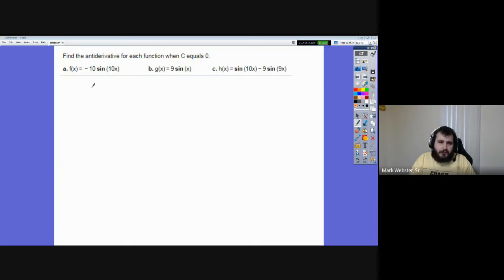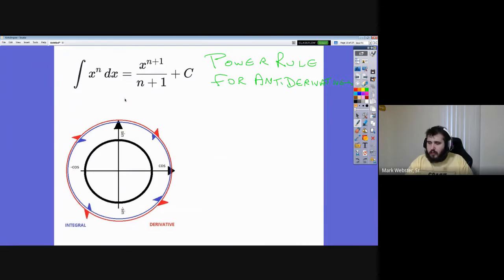So when we integrate this, well, let's put the negative 10 out here. We're going to integrate sine of 10x with respect to x. Okay, well, if I go back and look, I'm integrating sine, so I'm following the blue, because that's a negative cosine, right?